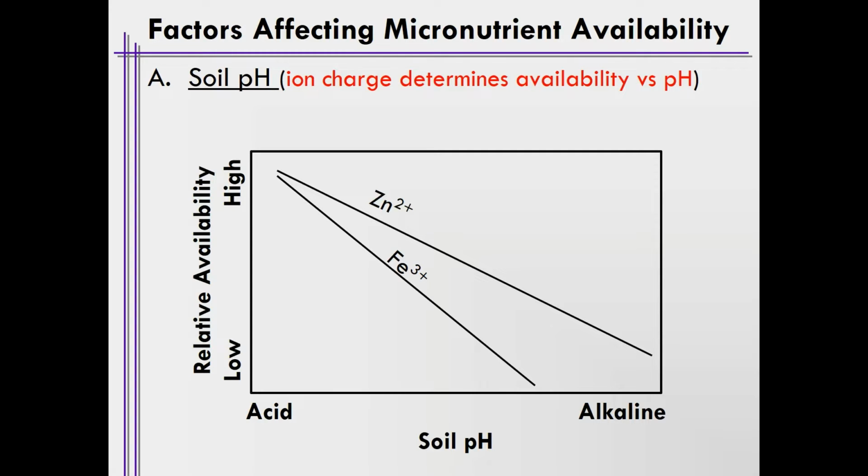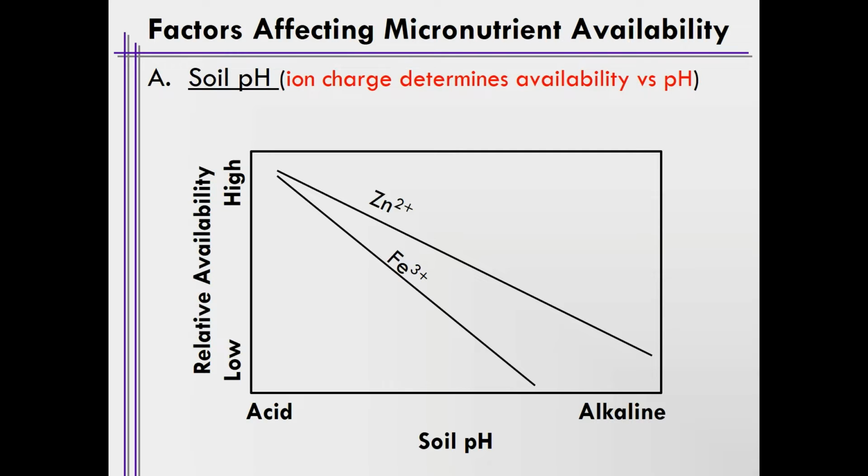And we can describe that decrease as a function of log base 10 to the power of the charge of the ion. So 10 to the second. If you did the math, that's 100-fold. And what this figure is telling you, and what I'm telling you, is that for every 1 unit pH increase in the soil, zinc availability decreases 100-fold.